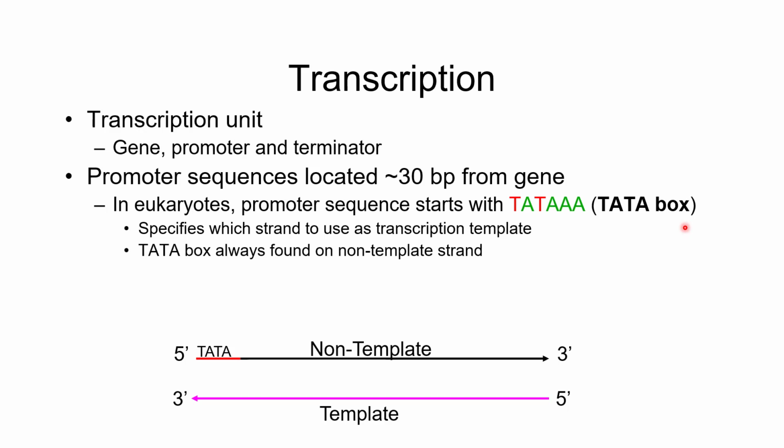We refer to it as the TATA box. And it specifies which strand is going to be used as the transcription template. Okay, so the TATA box is actually found on the non-template strand. So here we'll see, here's the TATA, right? And that means that we're going to utilize this strand for our template strand.